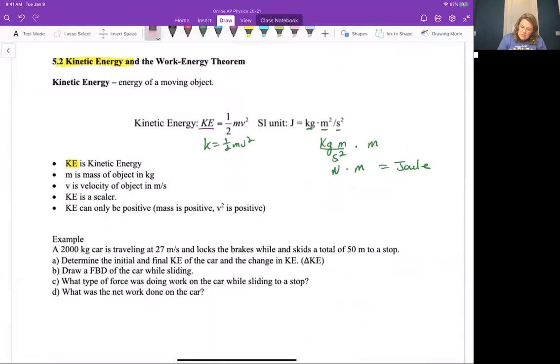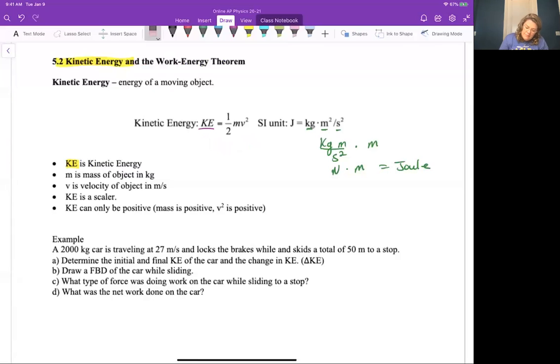It's important to constantly refer to your equation sheet because you need to know where everything is and what it looks like. K on their equation sheet is kinetic energy. I don't like that because K can also be Kelvin. That's why I like Ke.